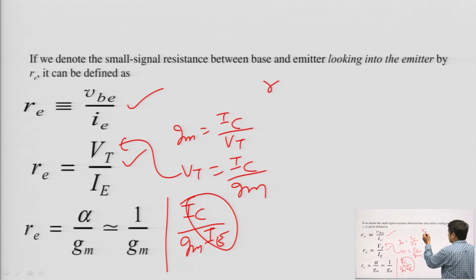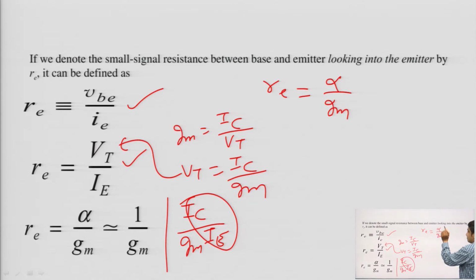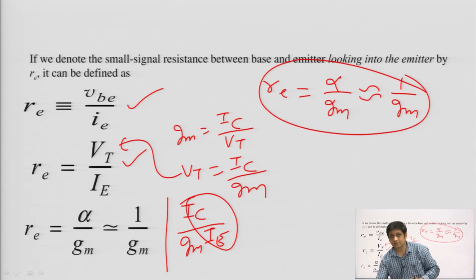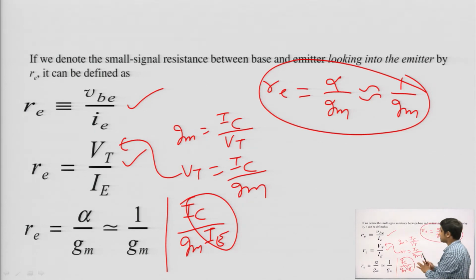So, finally, we get R e is equal to alpha by G m, and we know that the maximum value of alpha is 1, normally it is 0.99, 0.98, very close to 1. So, we can approximately write R e is equal to 1 by G m. This R e is the internal resistance at the emitter terminal, it is the small signal resistance seen between base and emitter looking into the emitter.